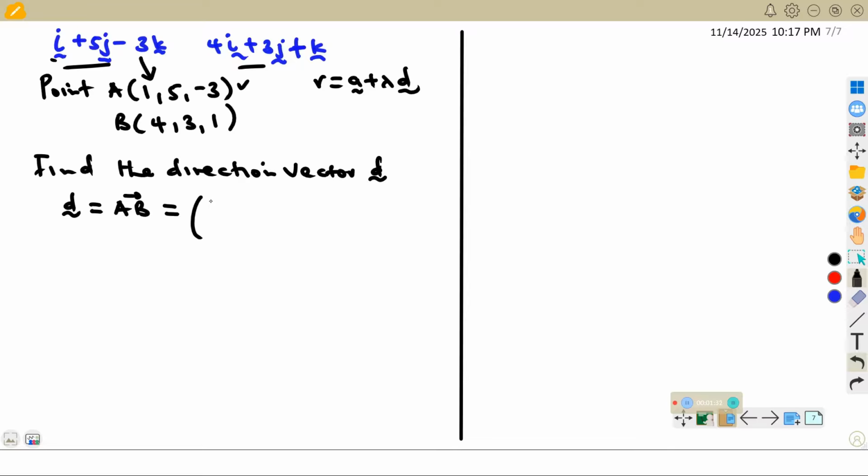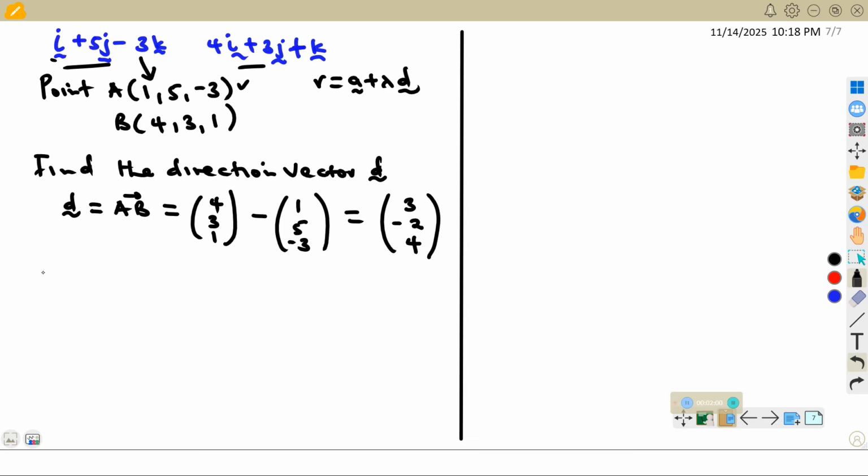That is the same as having (4, 3, 1) and subtracting (1, 5, -3). So this is 3, then 3 minus 5 is -2, and 1 minus 3 is actually 4. Our d will be 3i - 2j + 4k.